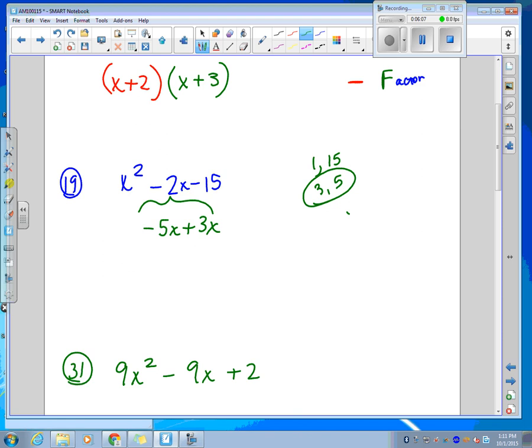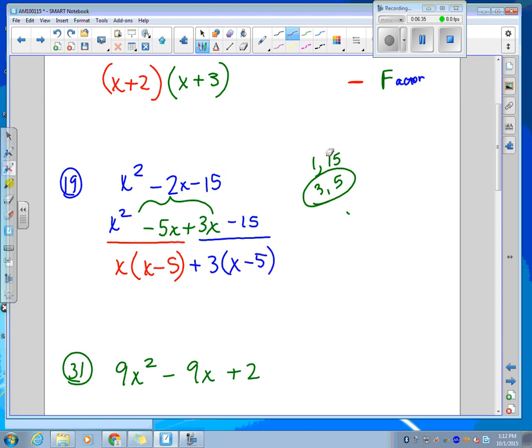I'm going to rewrite the x squared and the minus 15. And now I can factor by grouping. So the common factor is x. So it's x minus 5. And the common factor for this one is going to be 3. And the plus is going to tag along. 3 times x minus 5.